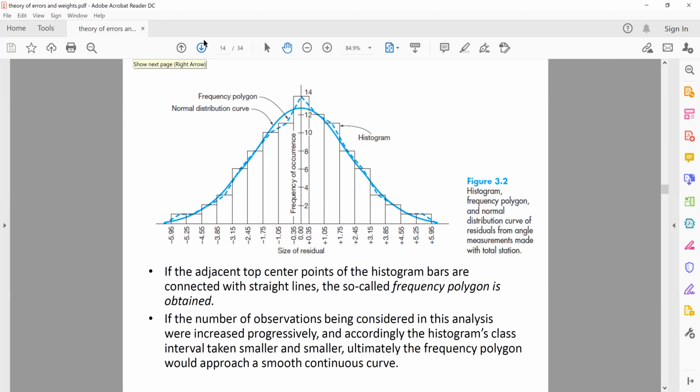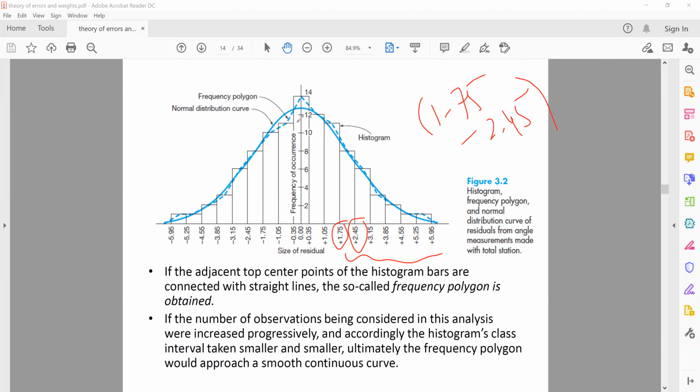So instead of plotting the actual residual value, we create bins or intervals. Over here on this graph, we have an interval between positive 1.75 residual and positive 2.45 residual, and the interval would remain the same in every case. So this is a range of values, 1.75 to 2.45.